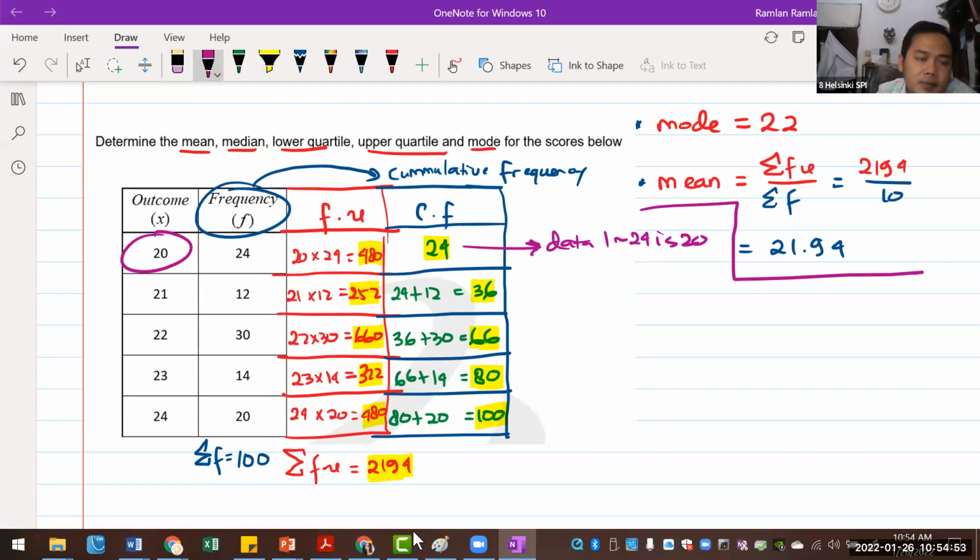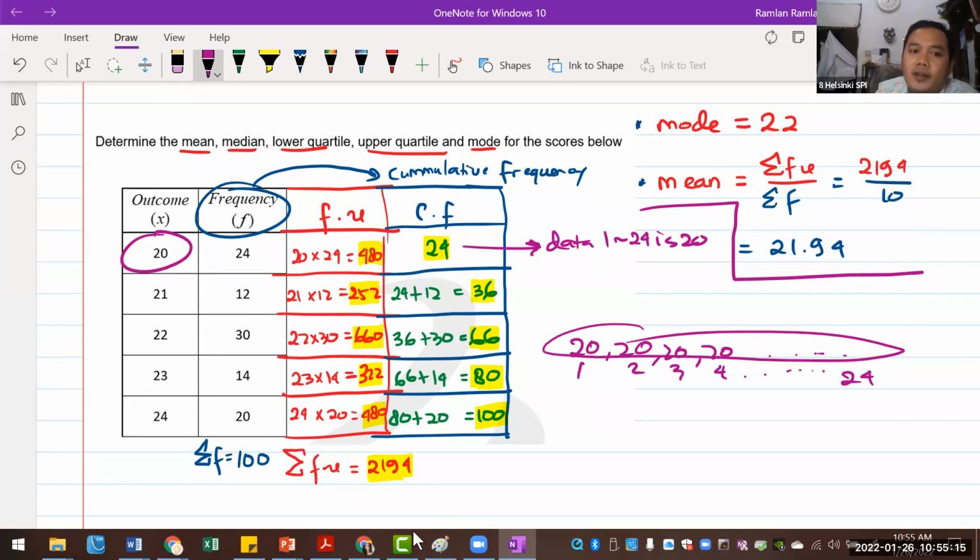So again, like I said before, if I write this down as singular data, I will write it down like this, right? 20, 20, 20, 20, and so on, until I have 24 data. So which means that data number 1, data number 2, data number 3, data number 4, and so on, until data number 24, all of them are 20, right?